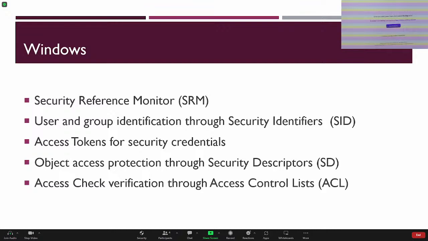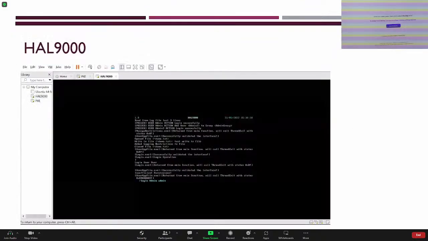Next, the objects have security descriptors which hold their security information through the access control lists, which are used for the access check algorithm. I will be implementing this in the Harmony operating system, which is the 64-bit one used for educational purposes at the operating system design course.